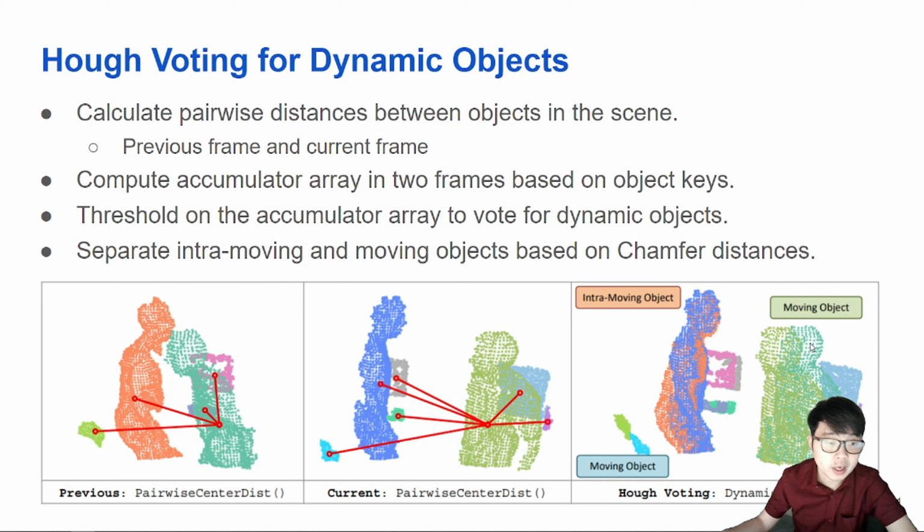Then we also separate intra-moving objects and moving objects based on the chamfer distance. Particularly, chamfer distance computes the distance between point clouds. If this person's chamfer distance is lower than the chamfer threshold, we will identify it as an intra-moving object. For this other person, the chamfer distance is larger than our threshold, so we still identify it as a moving object.